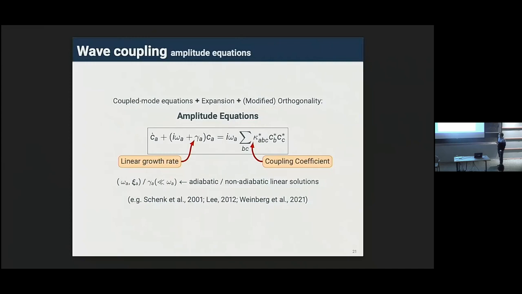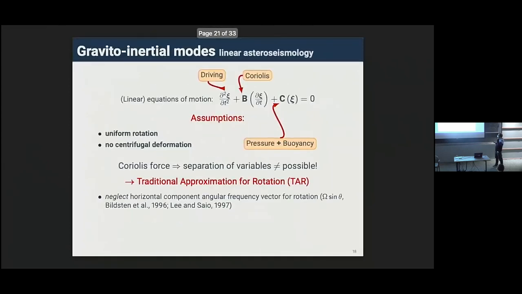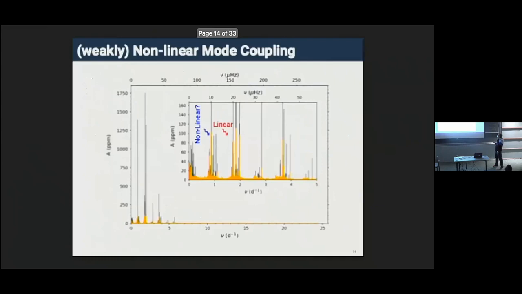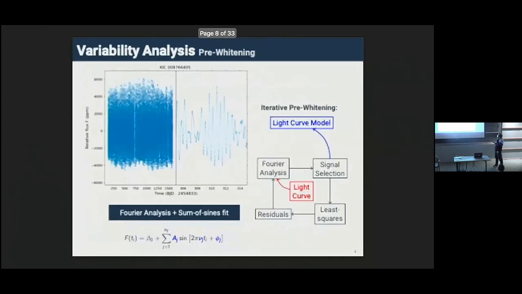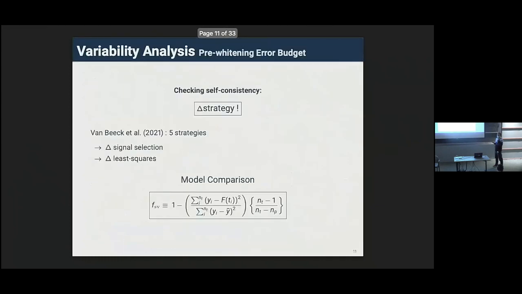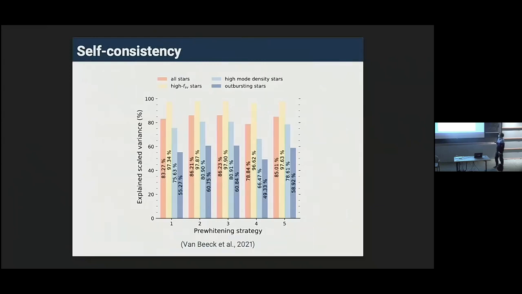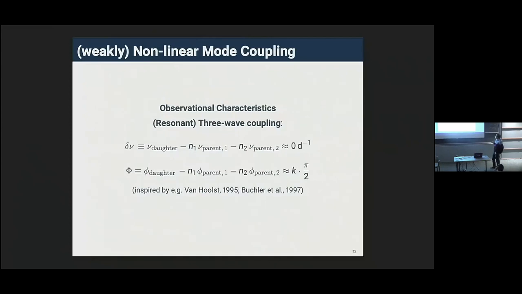No, yeah. So, let me go back to my observational part. Is it better? Okay. So in order to compute these specific delta nus and these relative phases, of course, it's important to know which one is the daughter and which one is the parent.